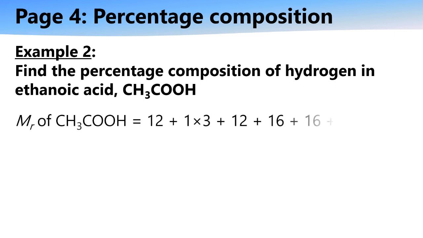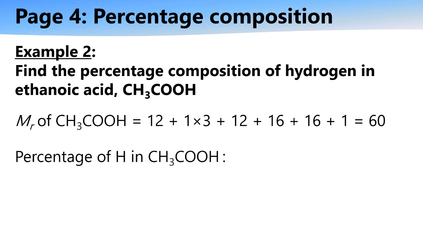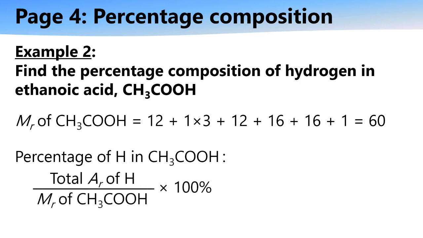So calculating the MR of the entire thing first, we have 12 plus 1 times 3 plus 12 plus 16 plus 16 plus 1, and that is 60. So the percentage of hydrogen in CH3COOH is the total AR of hydrogen over the MR of CH3COOH times 100%.